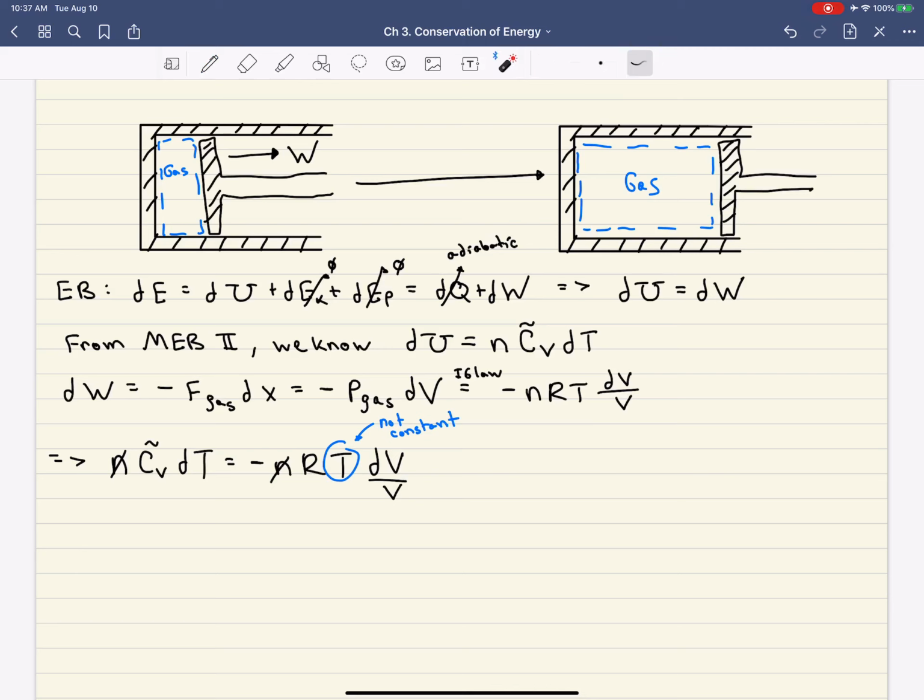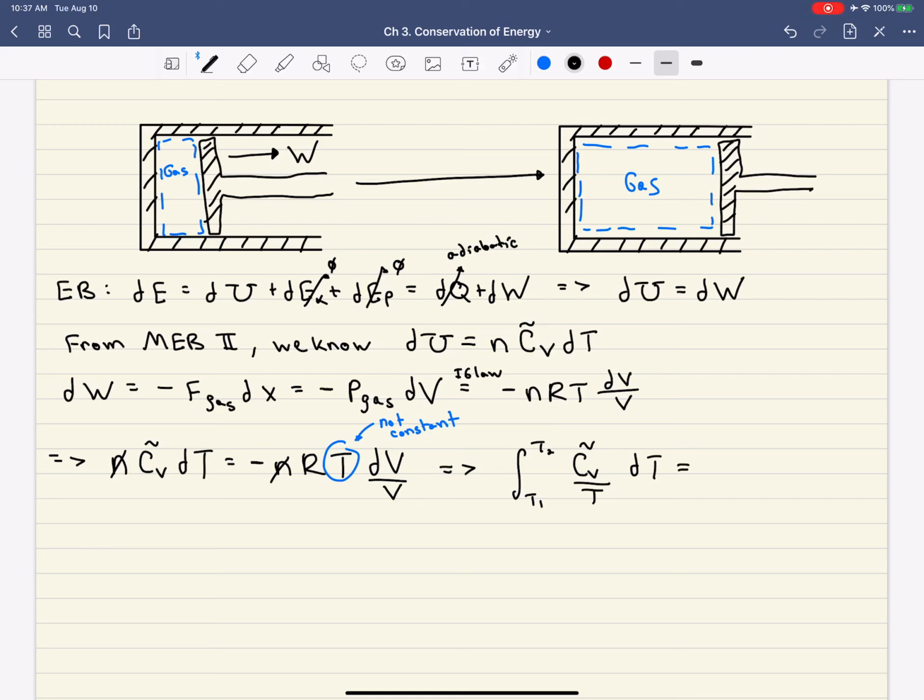All right, and so to simplify the math, what we'll do is collect like terms on each side of the equal sign. On the left-hand side, we're going to collect up all of the temperature terms, so CV over T dT.